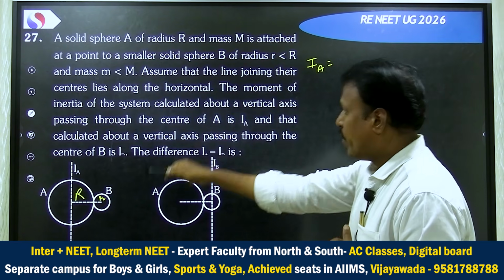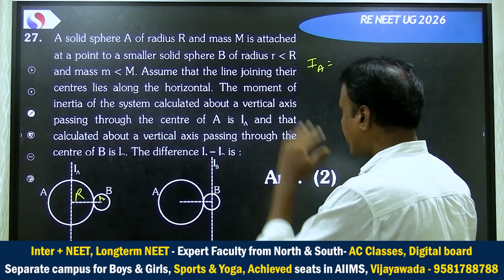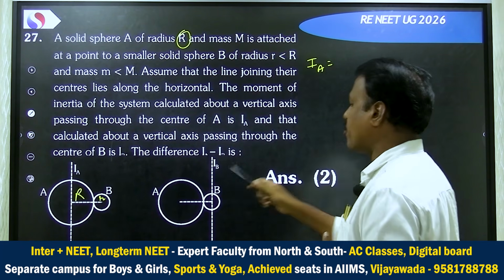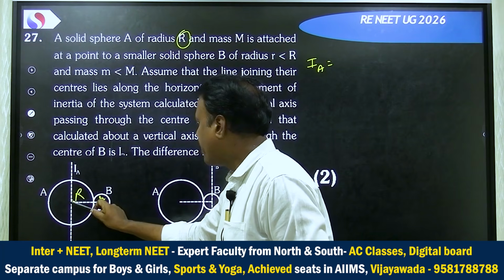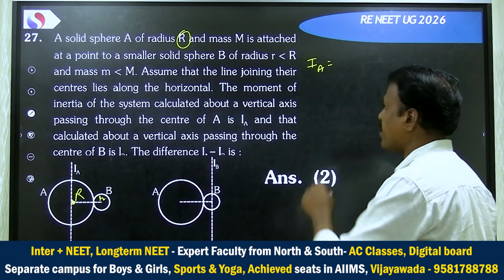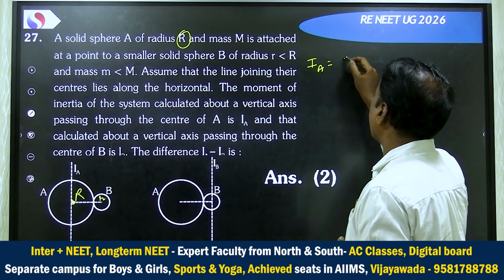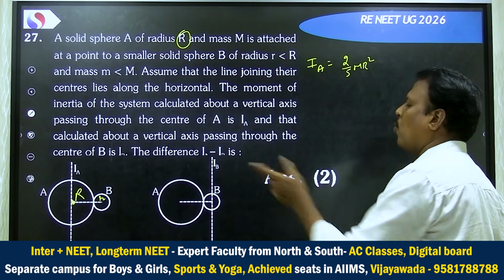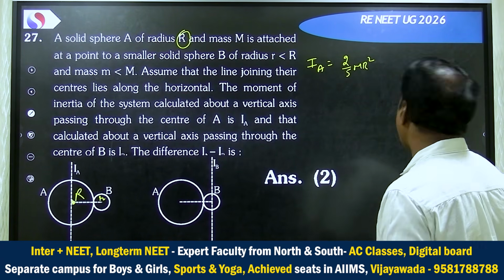Okay, now for the sphere of radius capital R, its own or natural axis is passing through its center. Because it is a solid sphere, the moment of inertia through its own axis becomes 2 by 5 capital M R square.